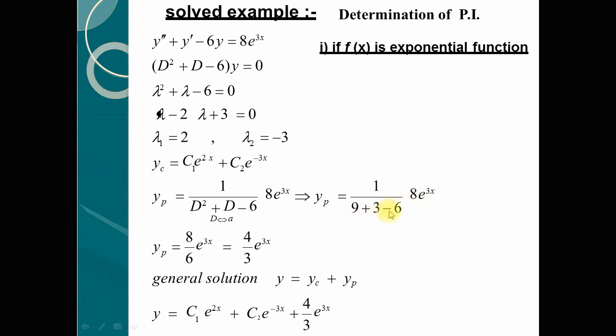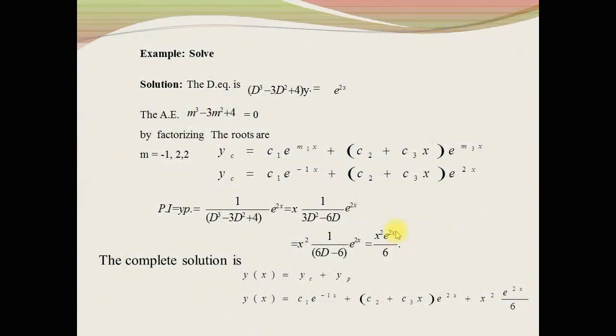So 9 plus 3 is 12, 12 minus 6 is equal to 6. So the particular solution is 8 by 6 into e power 3x, and after simplification the particular solution is equal to 4 by 3 e power 3x. So as a whole the general solution is equal to complementary solution plus particular solution: c1 e power 2x plus c2 e power minus 3x plus 4 by 3 e power 3x.